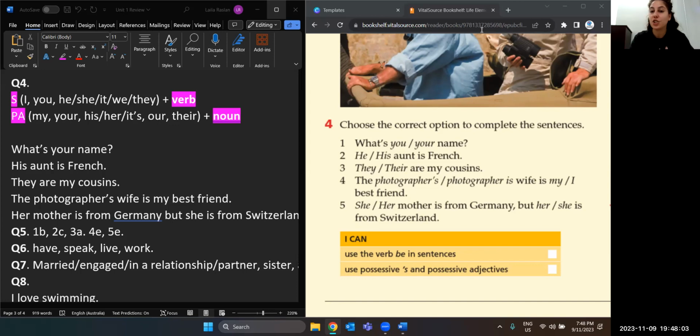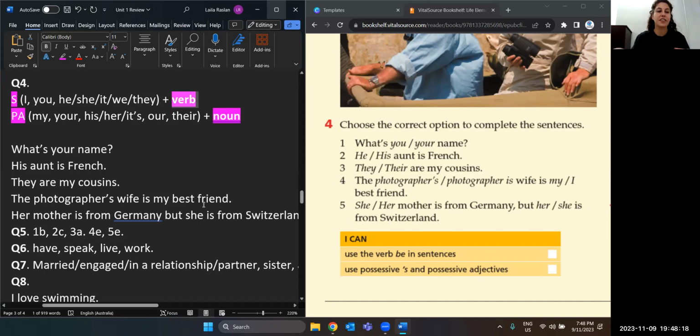So we have, choose the correct option to complete the sentences. Now, before we do these, let's have a look back. Do you remember when we have a subject, I, you, he, she, it, we, they, and then we have a verb? Like, for example, the verb to be. So I am Laila, or it could be an action verb like I study, I work, I enjoy. That's when we need to use these subjects with an action.